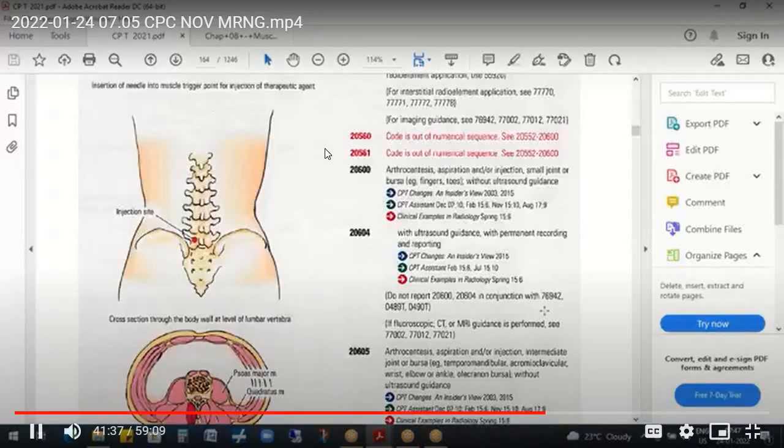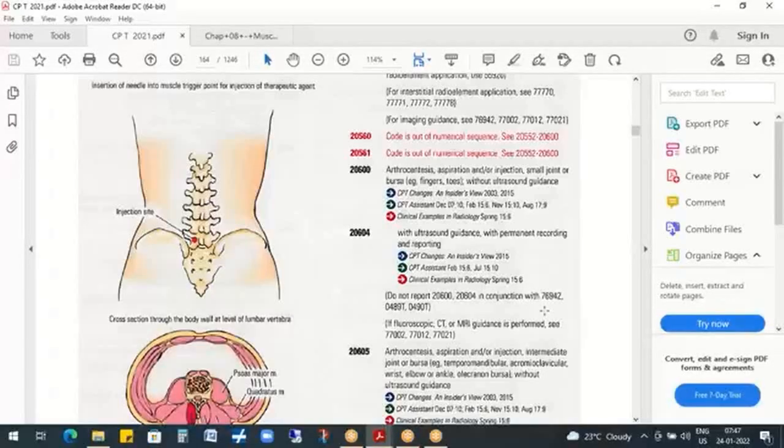Now can you read the code description 20605? Anyone in the class? Arthrocentesis, aspiration and/or injection, intermediate joint or bursa, without ultrasound guidance.